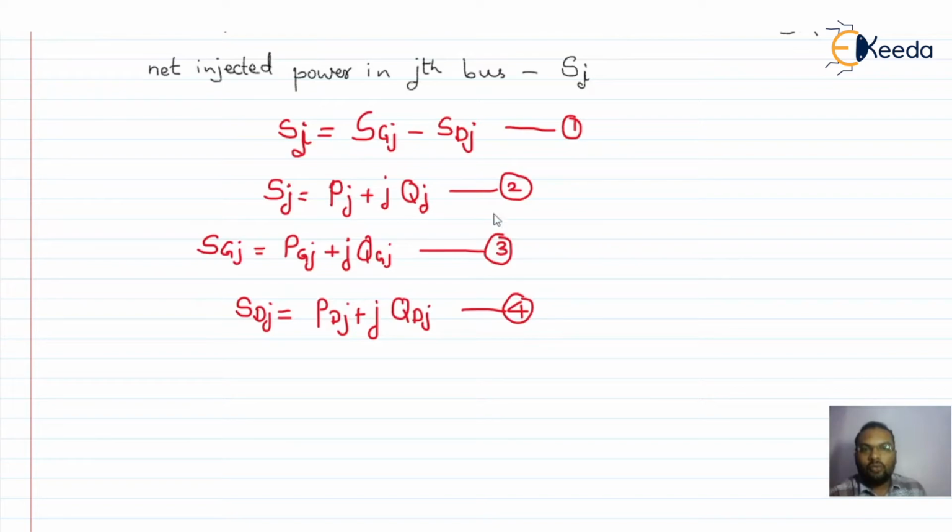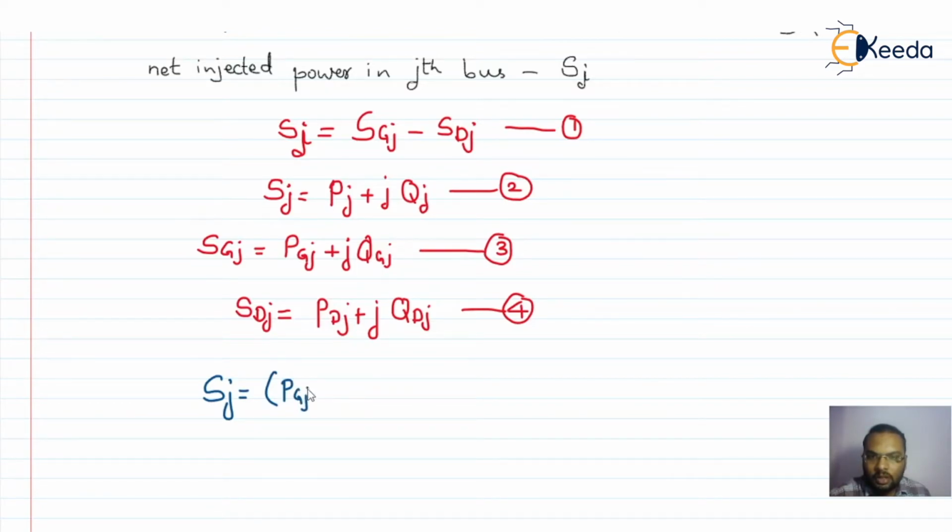Okay, so using all these 4 equations, can I write the net complex power injected at the Jth bus, that is Sj, in this way?